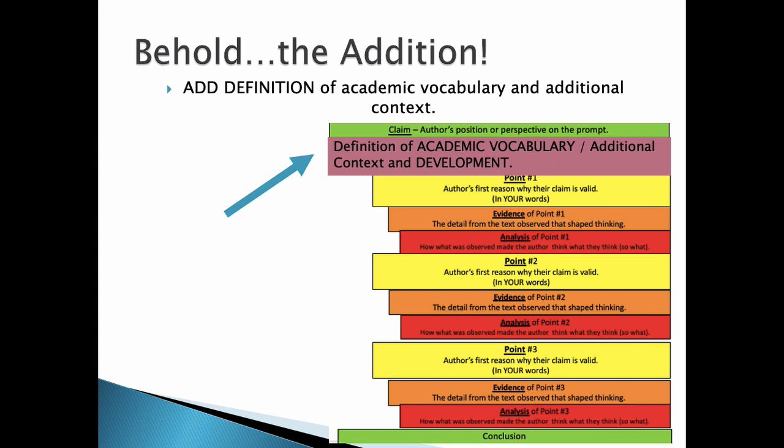We are going to argue that after we make our claim in response to a prompt, we must include the definition of the academic vocabulary that was used in that prompt. This is where we must provide additional context and that keyword we've been weaving here, development. We must fully develop basically our intro and claim to define the academic vocabulary term that we have been asked about.